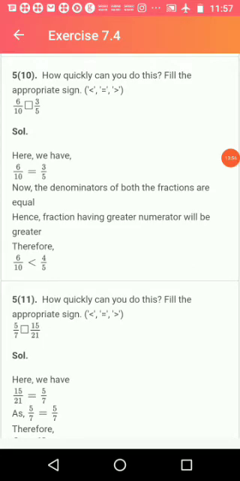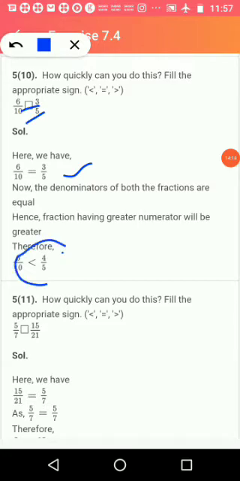6 by 10 and 3 by 5. 6 by 10 is equal to 3 by 5. And here they have given 4 by 5. If the question was 4 by 5, we could have worked in a different way.